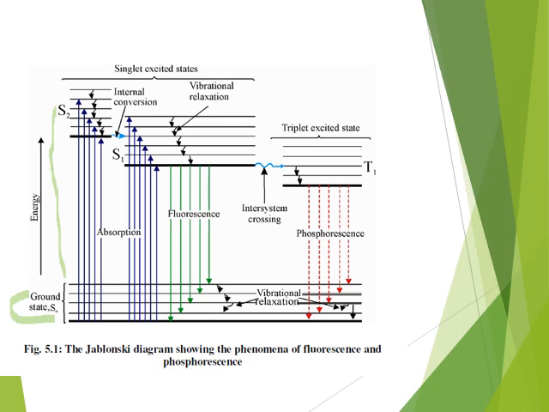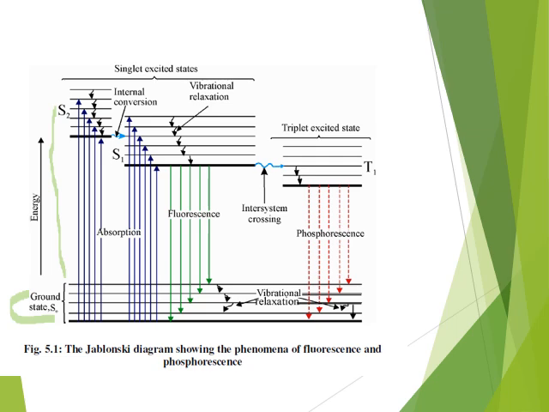It comes to energy level S1 where it undergoes internal conversion. We are still in the singlet excited state. Here in S1, it undergoes vibrational relaxation and then returns to the ground state, where on coming back it emits fluorescent light in the visible region.